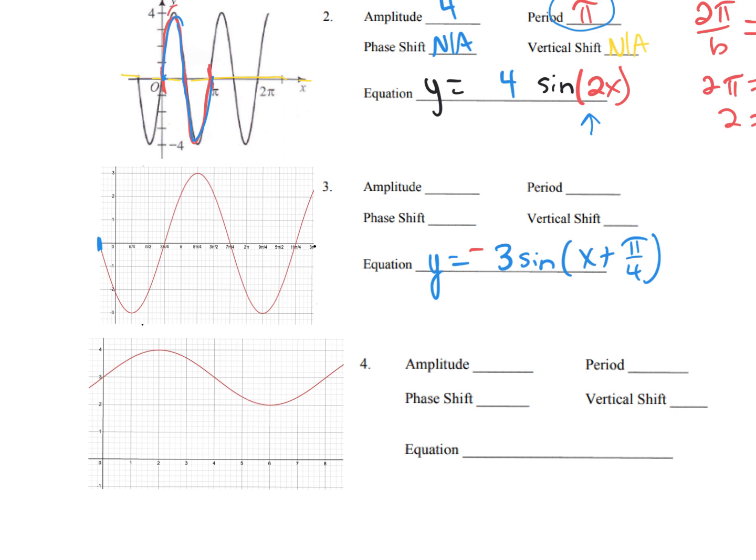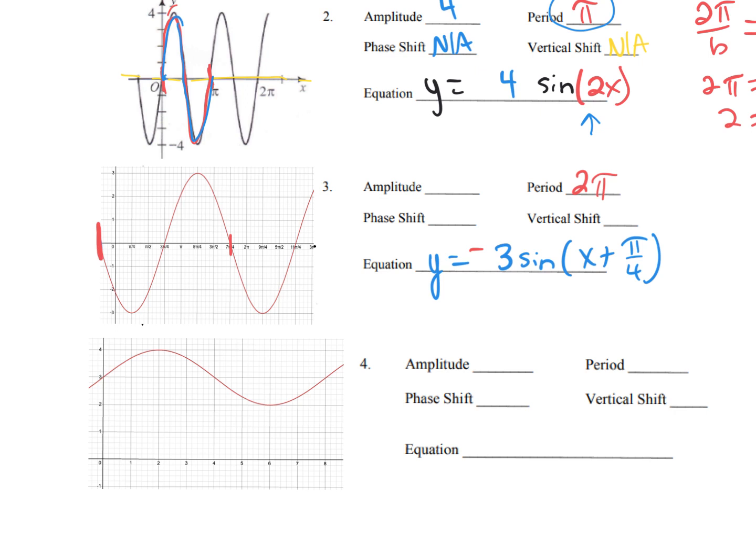Wait, so to get pi over 4 is like for the period? The period is actually still 2 pi, but it's been shifted left pi over 4. You can see that because we're going from negative pi over 4. A full cycle is from negative pi over 4 to 7 pi over 4.